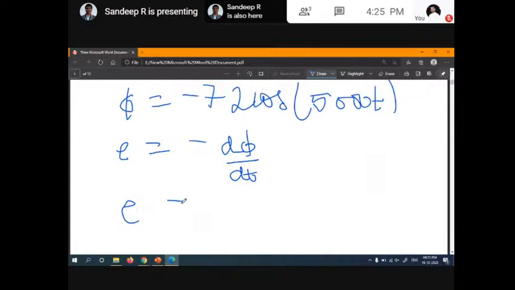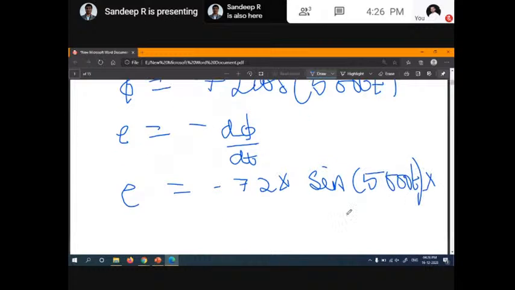So we have to differentiate with respect to t. When you differentiate cos, you will get minus sine, into 5000. So you will get 72 into sine 5000t into 5000.